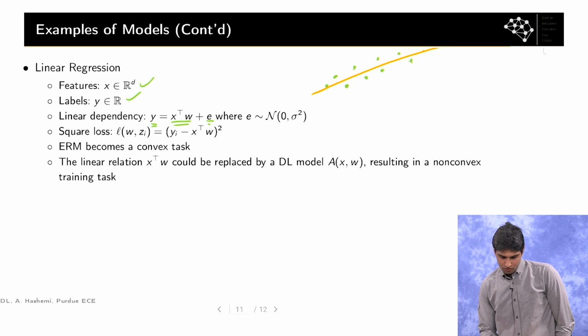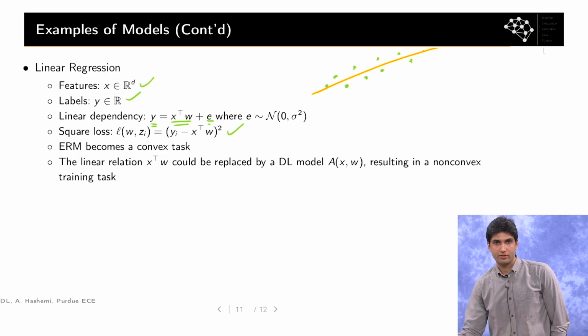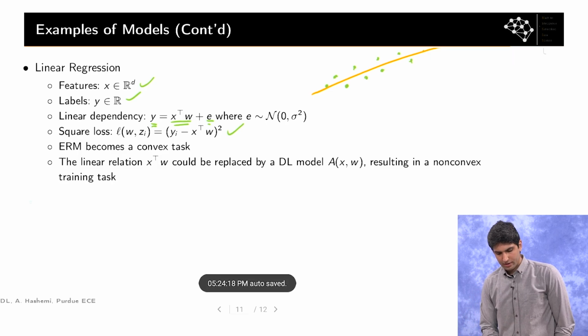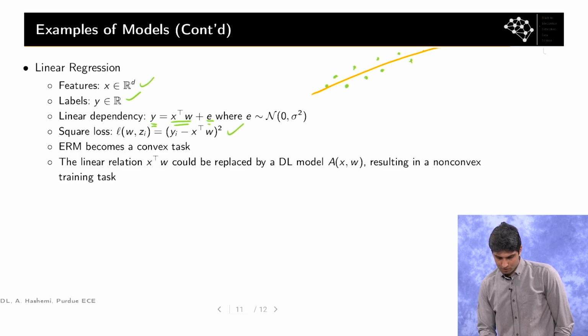Okay, so what's the other element that is essential to talk about? That's nothing but the loss function. Okay, which loss are we going to use to fit our model to the training data? And typically in linear regression, we use the square loss. Okay, so again we capture how well we can fit a specific sample x_i and y_i by looking at the square loss.